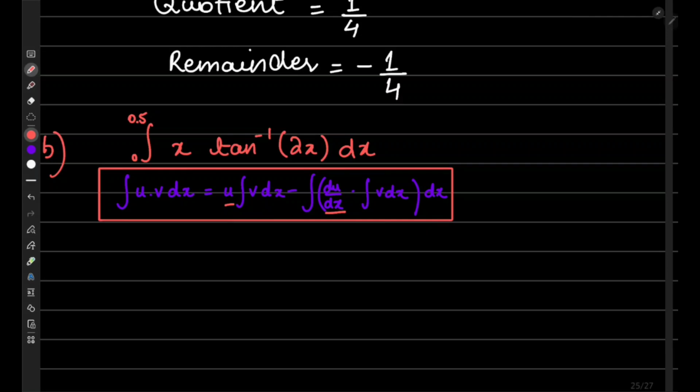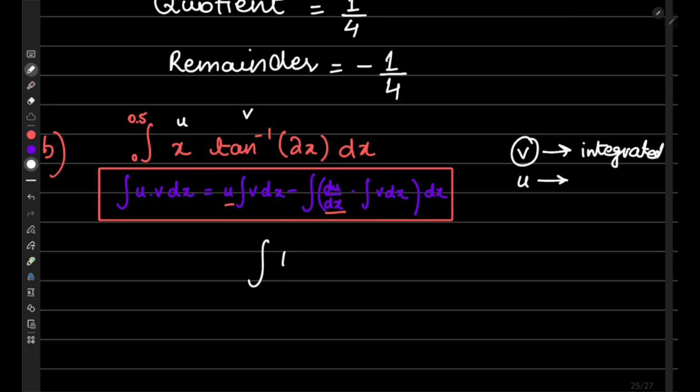So we need to take the expression v to be that one which can be integrated, and u to be the other, since the differentiation of nearly every expression is possible, so deciding v carefully is important.